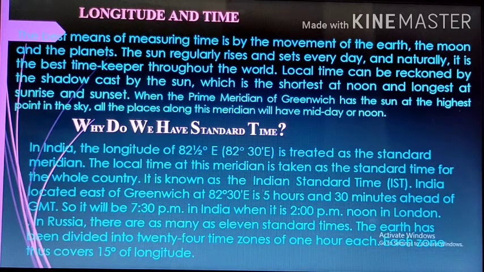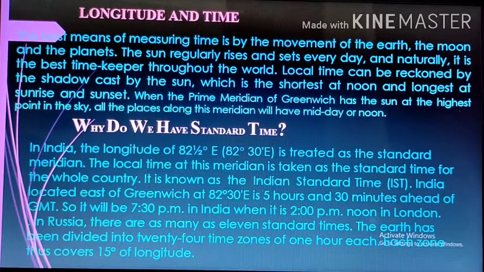It is therefore necessary to adopt the local time of some central meridian of a country as the standard time for the country. In India, the longitude of 82 and a half degrees east, that is 82 degrees 30 minutes east, is treated as the standard meridian.